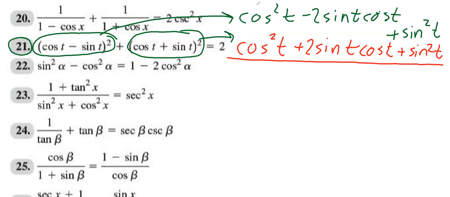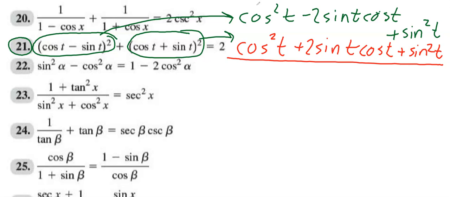Cosine t plus sine t. So, same thing's going on here. Cosine squared t, outsides and insides add up to what? Positive 2 sine t cosine t.